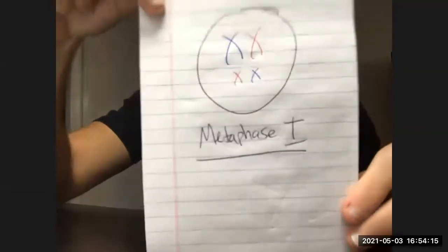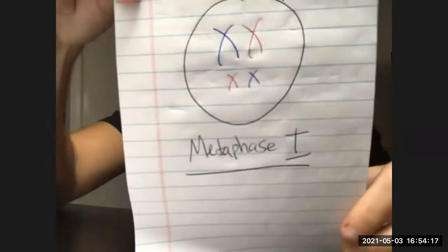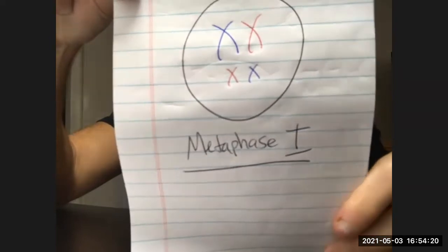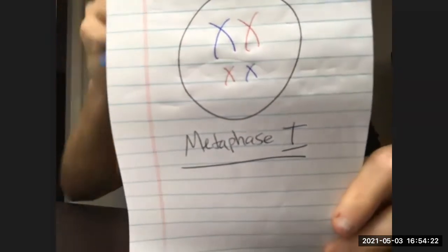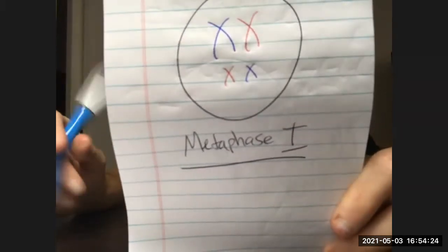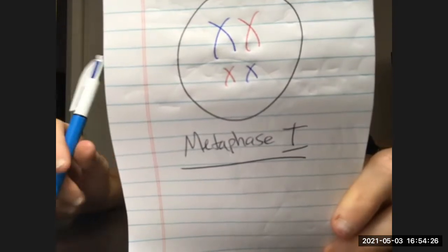This is metaphase 1. And my example here has 4 chromosomes, 2 homologous pairs.